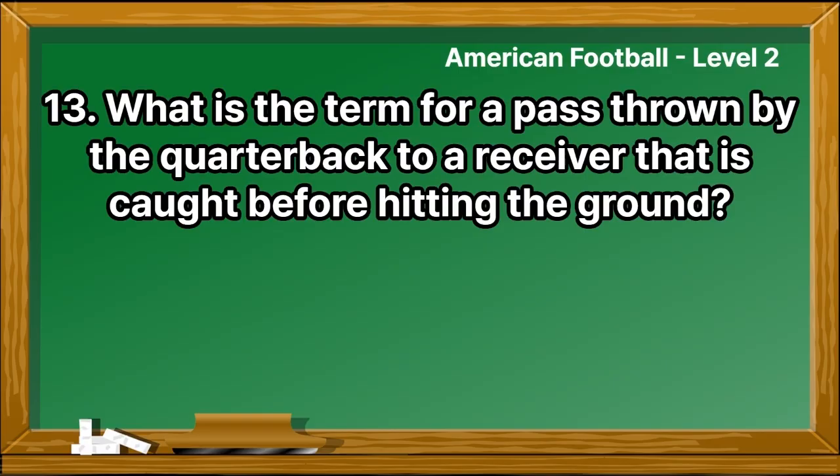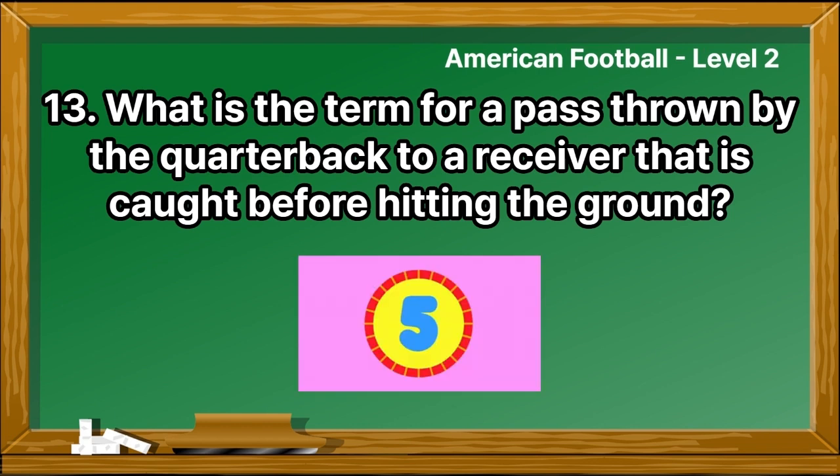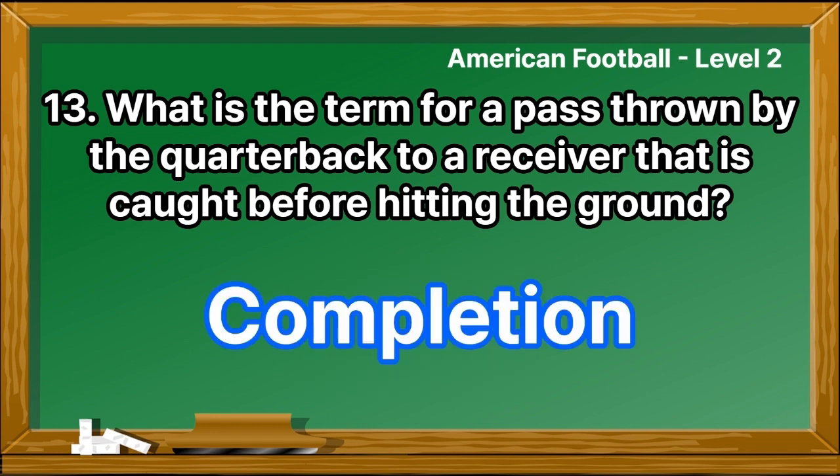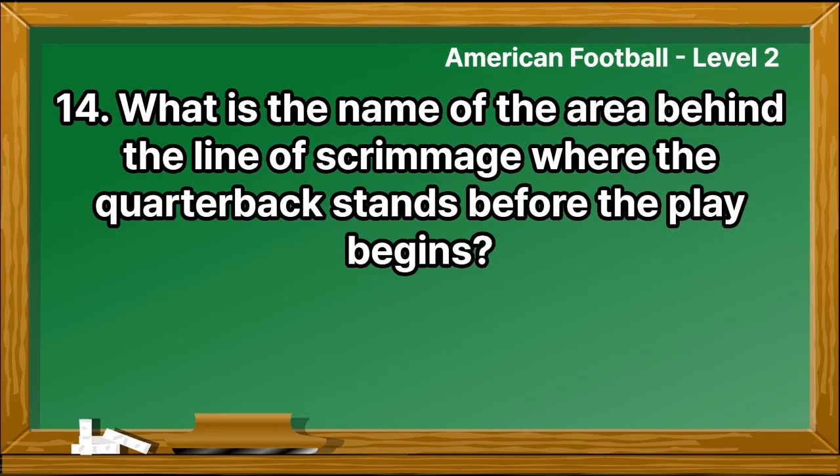What is the term for a pass thrown by the quarterback to a receiver that is caught before hitting the ground? Completion. What is the name of the area behind the line of scrimmage where the quarterback stands before the play begins?